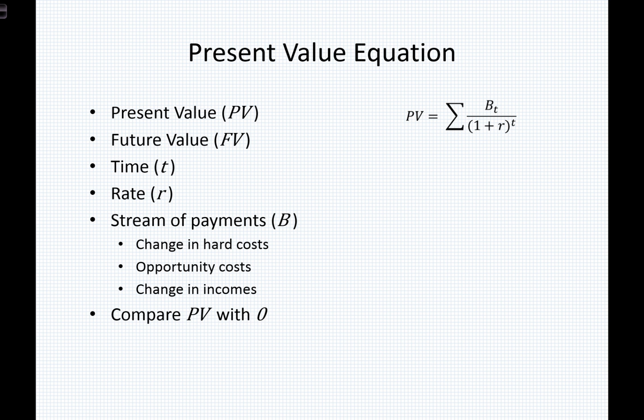So I'll sum those up, in which case I would have my present value being equal to the sum of negative $32,500, that's the $15,000 tuition and books, plus my $17,500 of lost income, over, let's call it, 1.05 to the exponent of 1.